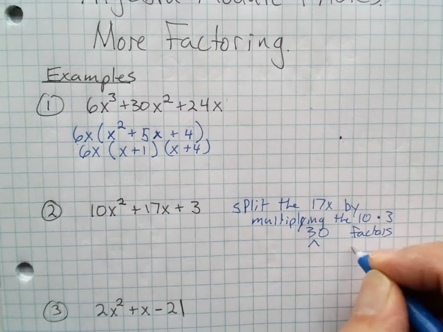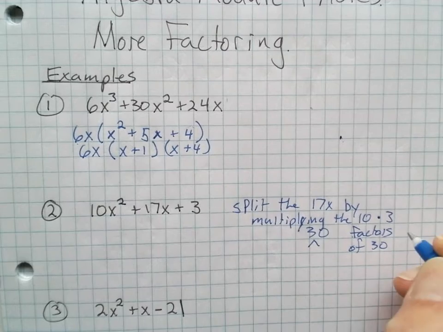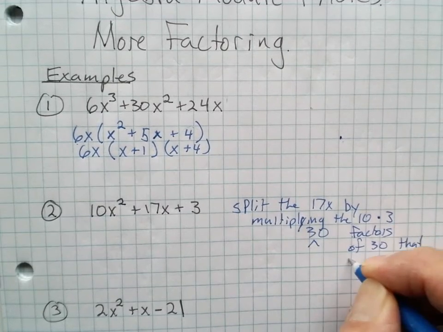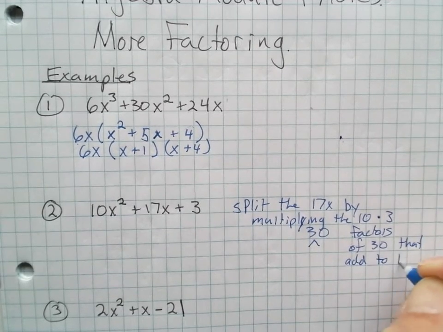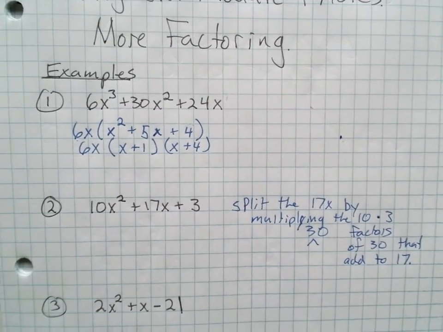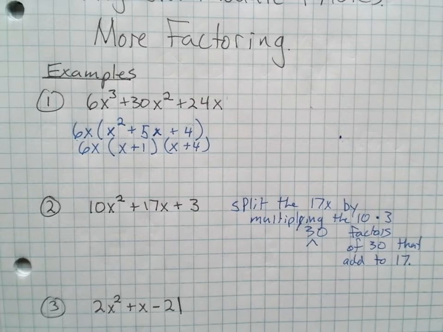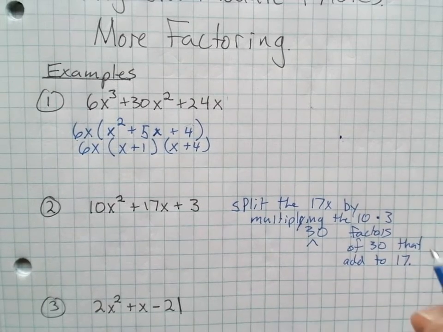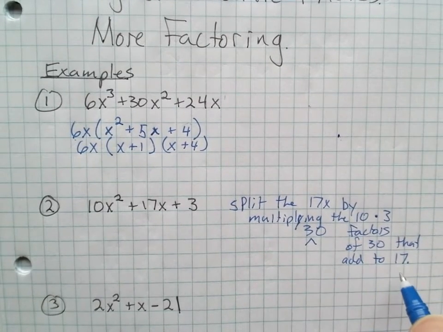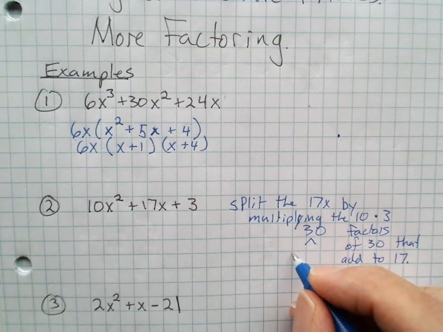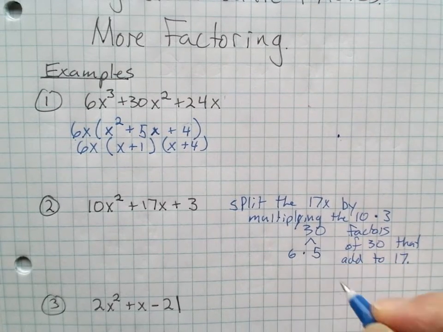Factors of 30 that add to 17. Now, guys, this is going to blow your mind, and I really need you to have your thinking caps on. This is something you really need to process and figure out, okay? Factors of 30 that add up to 17. So we have 6 and 5.